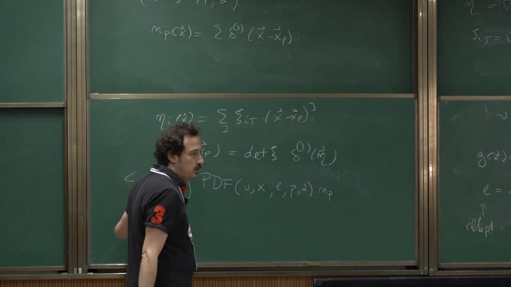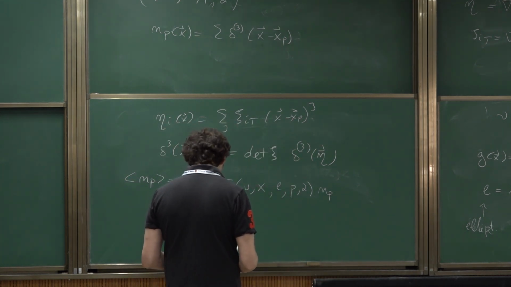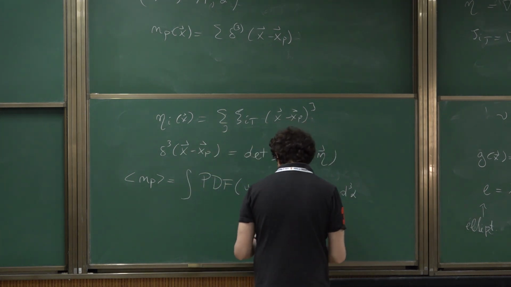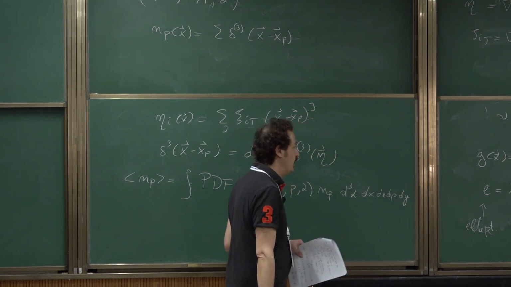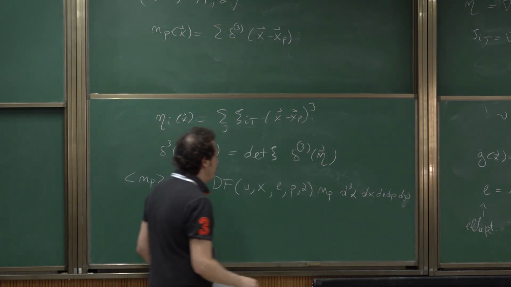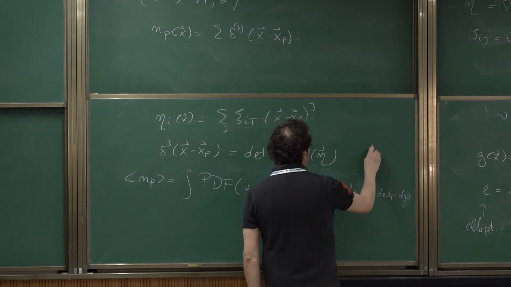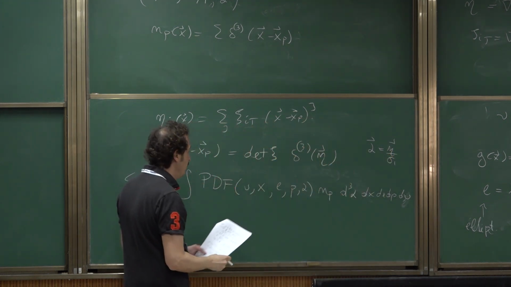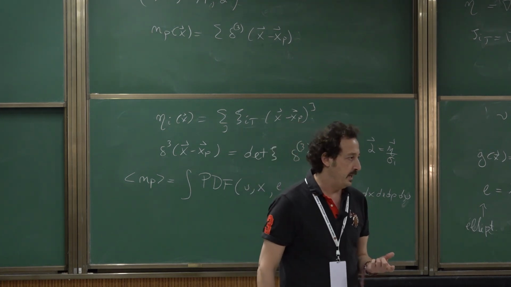I take the PDF, multiply by mp, and integrate over the 3 alpha and all the other coordinates, dx, de, dp, d nu. I remind you that alpha is simply equal to eta divided by sigma 1, so they are related. The integral in alpha is trivial because it is a delta function, so it just picks up the 0.